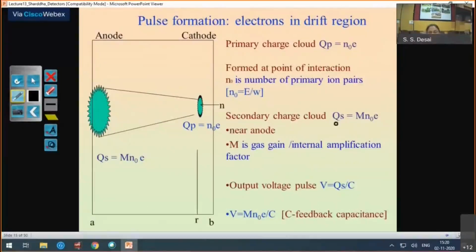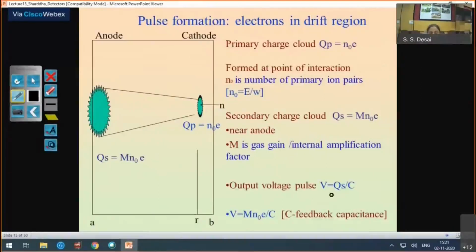So when it is drifting under the effect of the electric field, it is drifting quite close to the anode, and while drifting towards the anode, the number remains the same. When very close to the anode, at the critical electric field, it is amplified. So you can see that here M is the gas gain. This is the amplification factor of this detector. It depends on the amount of electric field you are applying between these two electrodes.